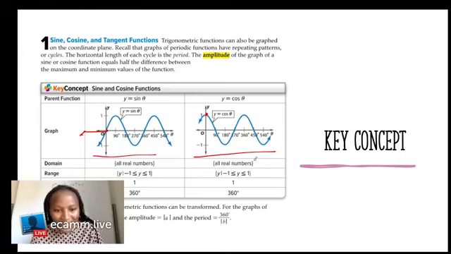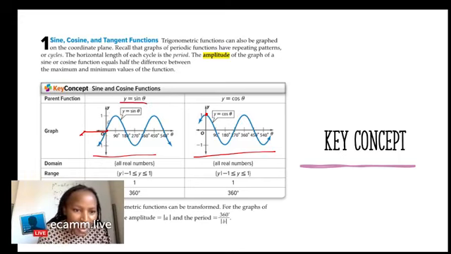And the same applies on this side. Our range, when it's the standard graph, is between -1 and 1. And then the amplitude is the highest point that our graph gets to, which is 1. And then the period for both the graphs is 360.